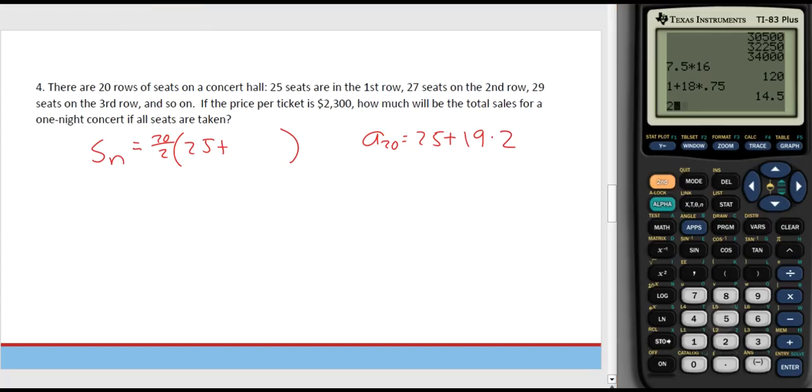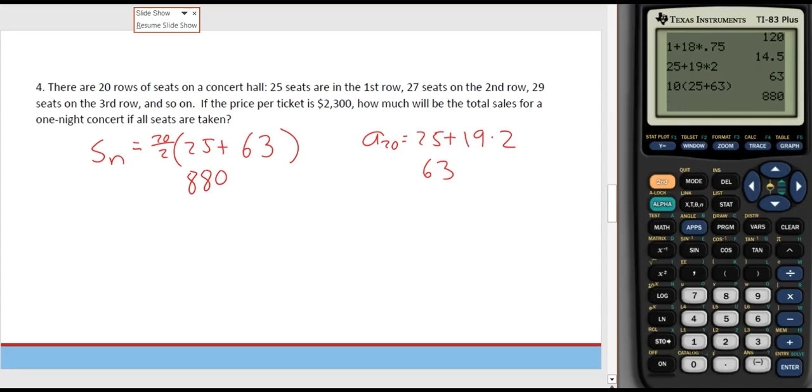So 25 plus 19 times 2 is 63 seats in the back row of the theater, which I am going to then put into my formula there. Right, so 20 over 2 would be 10 times 25 plus 63, meaning there are 880 seats, which is a pretty small venue.